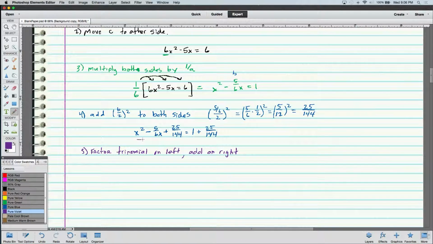So on our left side, we want to factor this out. x minus 5 over 12 squared equals, and remember on the right side we want to add these two together, so this has to have the same denominator in order to add it, and it's just 1, so that would be 144 over 144, and then we can add the numerators, so we have 169 divided by 144.